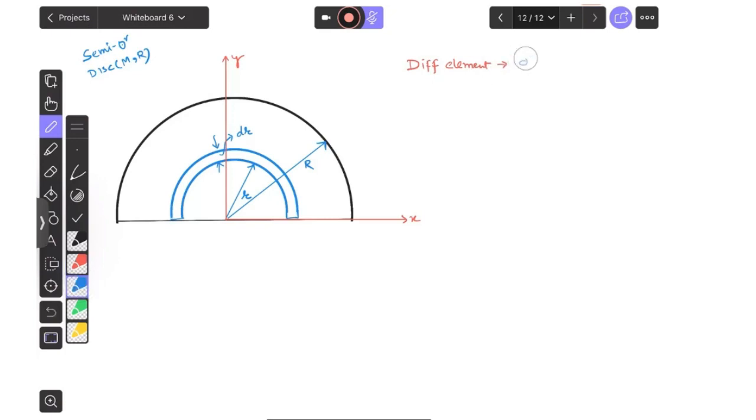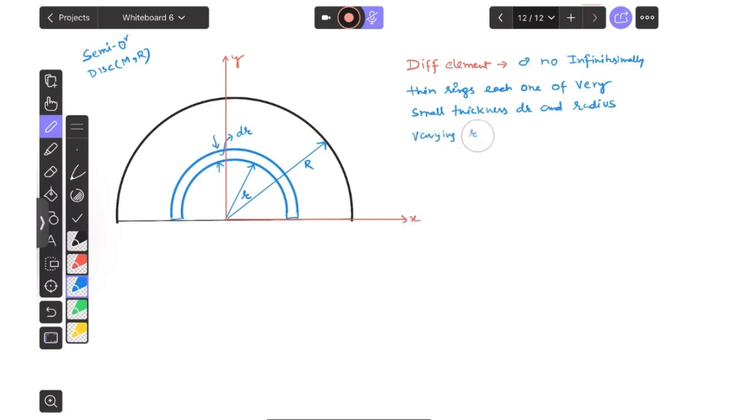Here we have an infinite number of infinitesimally thin rings, each one of very small thickness dr, and radius varying from small r equals 0 to small r equals capital R. I hope you could visualize that this could be one of the differential elements from which I could consider it is made out of mathematically. That part is fine, then no problem.